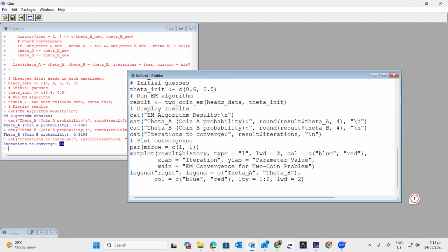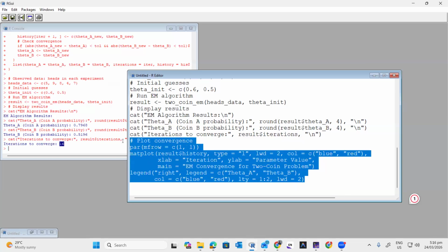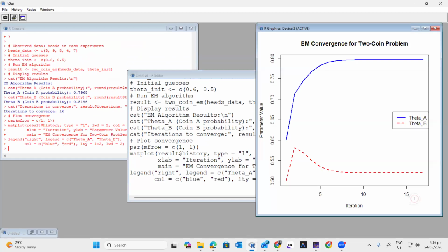The colors we are going to use are blue and red, the x axis should be iteration, and the y axis should be the parameter value. The title of the plot should be EM convergence for 2 coin problem. And then we are going to apply the legend here. All right, so we just check it.